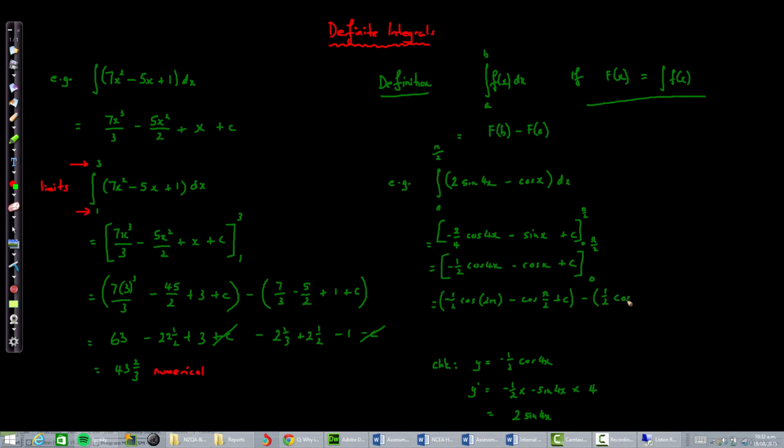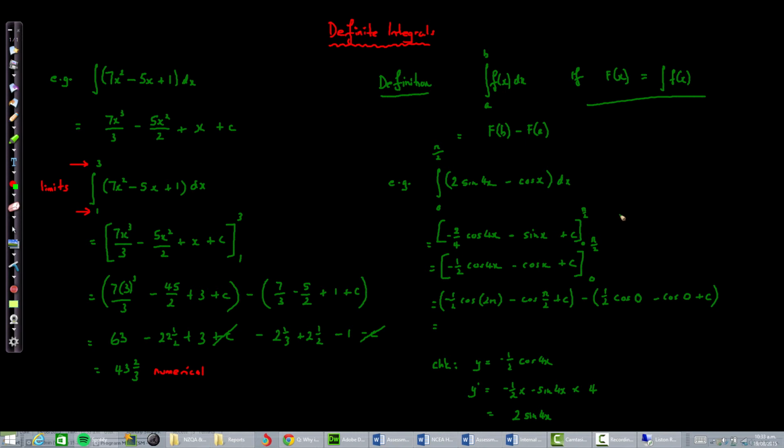Be careful, don't assume that when you put 0 in, the trig function, whether it's cosine, sine or tan, is going to be 0. For example, the cosine of 0 is not 0. Putting the 0 in, we get negative a half times the cosine of 0 minus the cosine of 0 plus our constant.